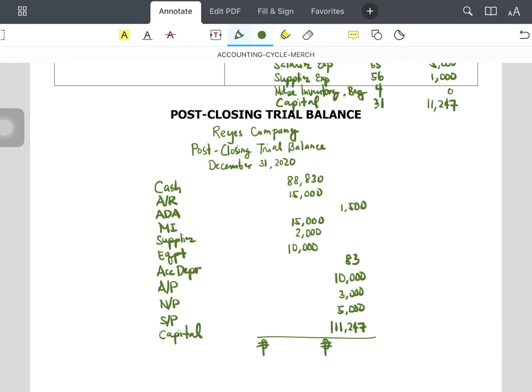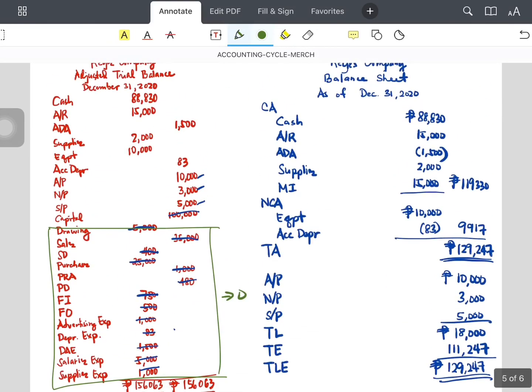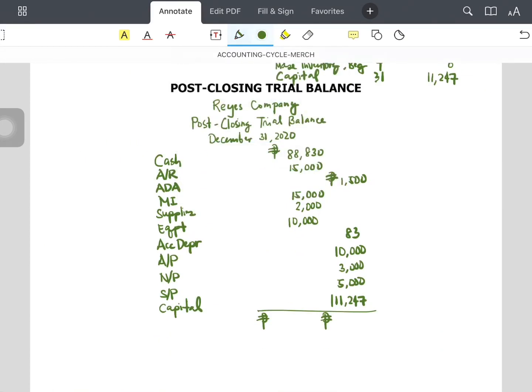Don't forget the peso sign. I think I forgot it in the adjusted trial balance, so let me just correct it real quick. So for the total, and this is our post-closing trial balance. This will be our account titles with balance on January 1, the start of next year, in preparation for another cycle, another operations for the company.